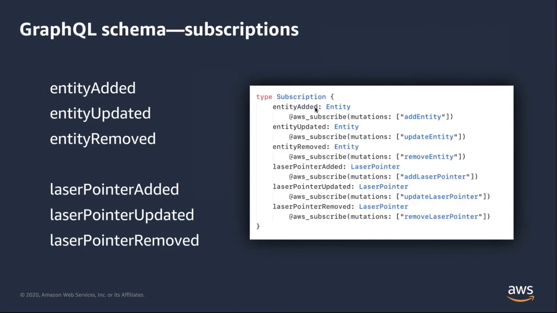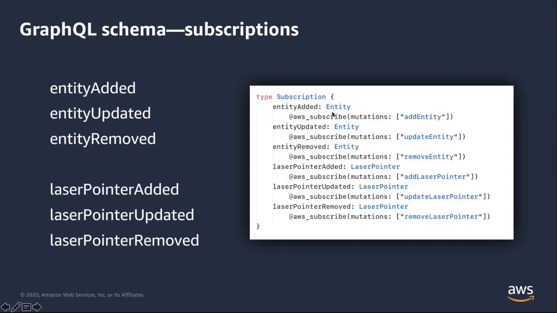And finally, subscriptions. This is really where that real-time piece comes in. Your GraphQL schema can define these named subscriptions. You can think of them as events or messages that connected clients can subscribe to know when a change happens. For example, I have an entity added subscription, which will always return an entity.